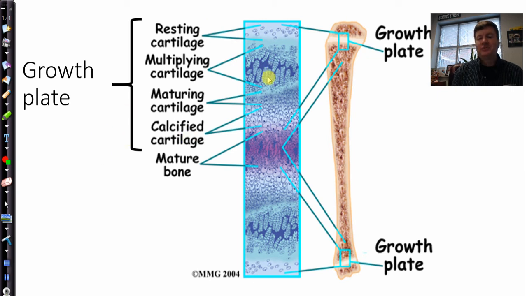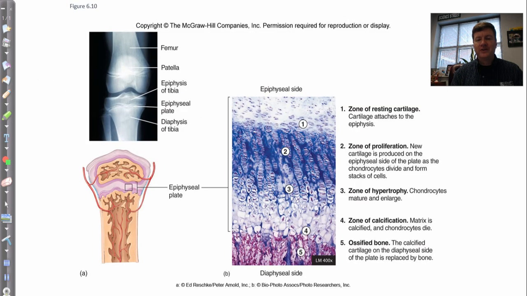Essentially, we're going to produce more cells, and then we're going to push the epiphysis end away from the diaphysis end. If you want to, we're going to kind of insert a layer of new cells, which will cause the bone to elongate. So let's look at that process in a little more detail here.